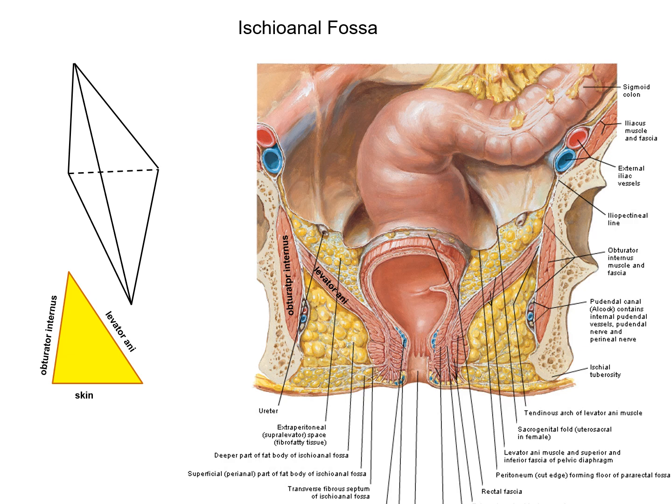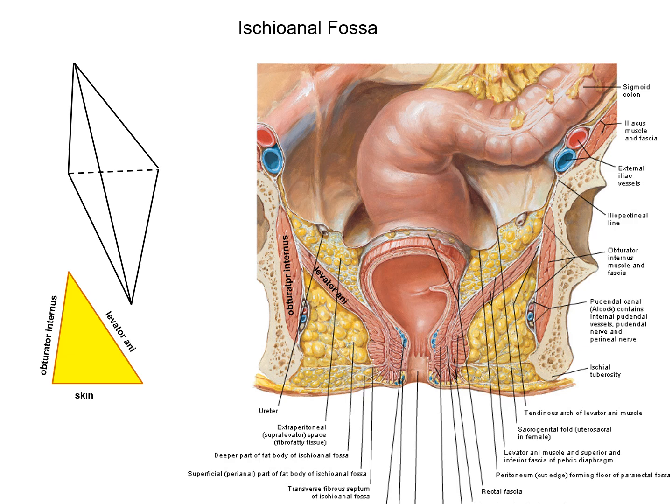The lateral wall of the ischioanal fossa is formed by the fascia covering the obturator internus muscle and ischial tuberosity. At the inferior border of the lateral wall of the ischioanal fossa is located the pudendal canal.